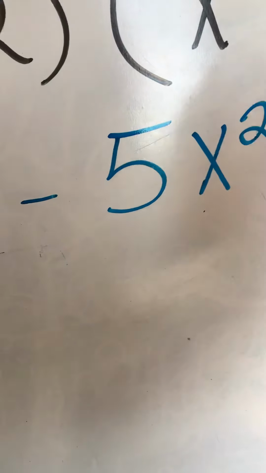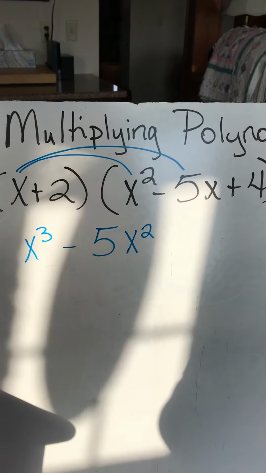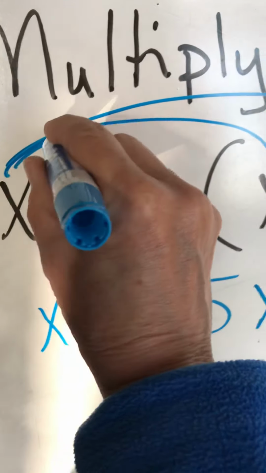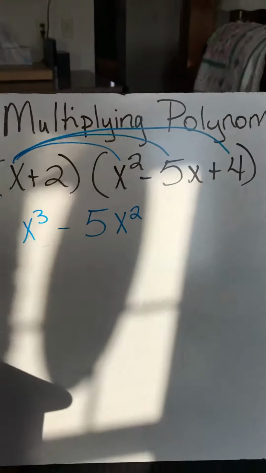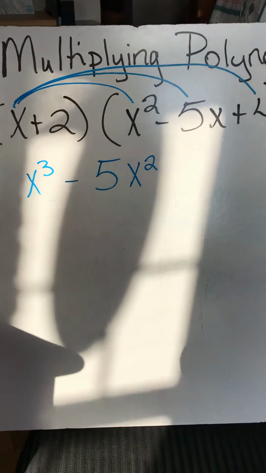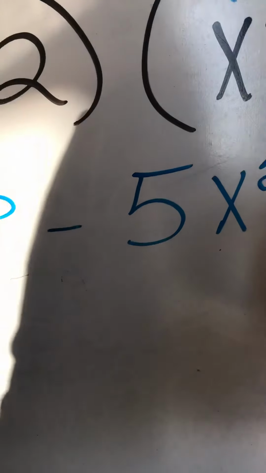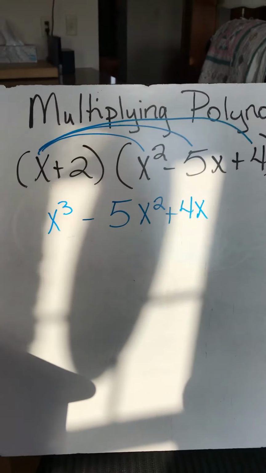Now I've got to take the x times the positive 4. x times 4 would just be 4x, so that would be plus 4x. That's only the first part of it.